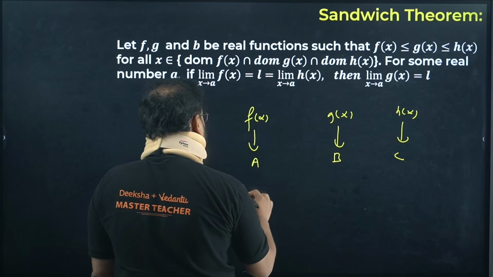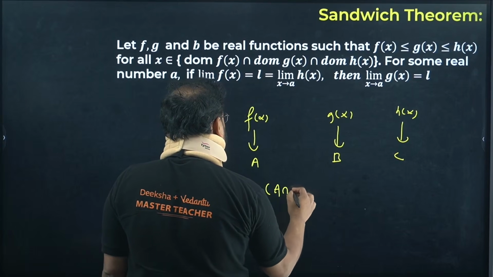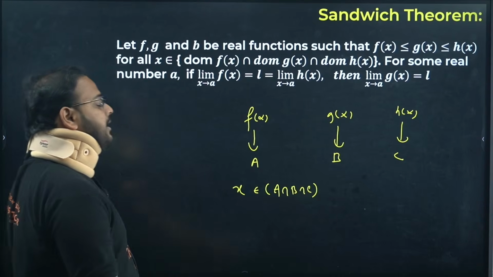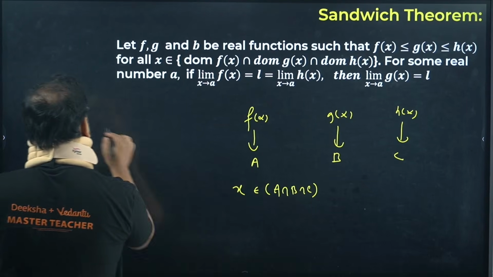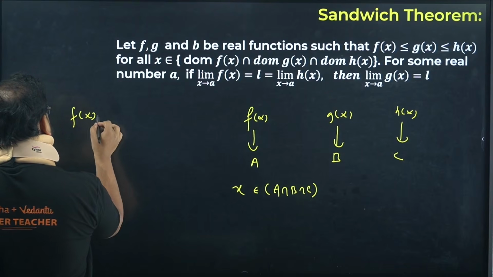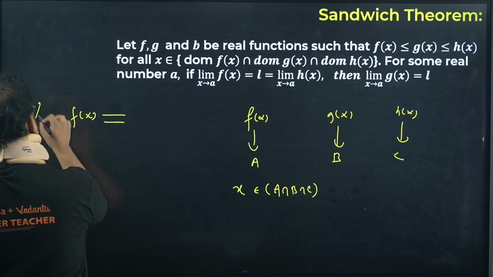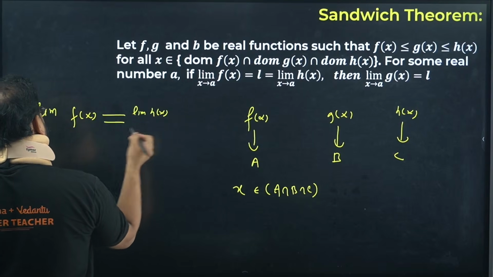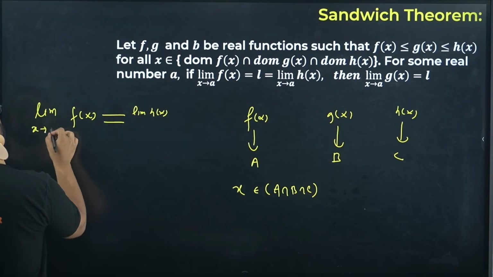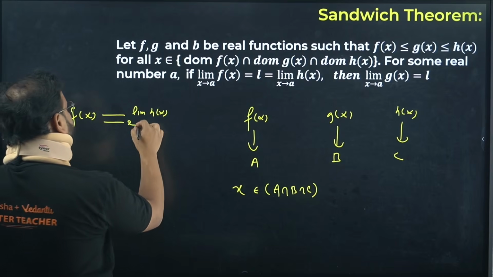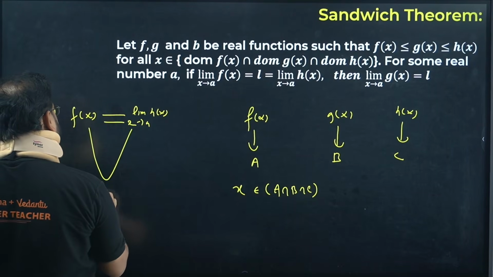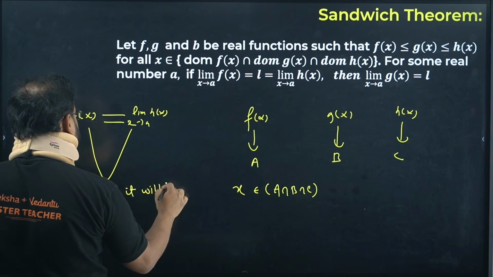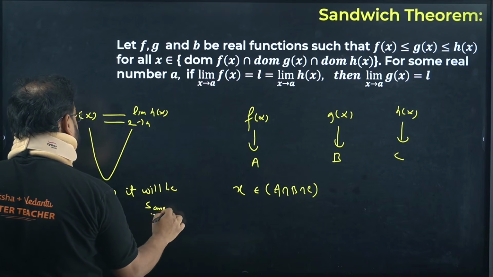For all x belonging to the intersection of A, B and C, if you have a point a such that the limit of f(x) and the limit of h(x) are equal at the same point a, then for g(x) also it will be the same.